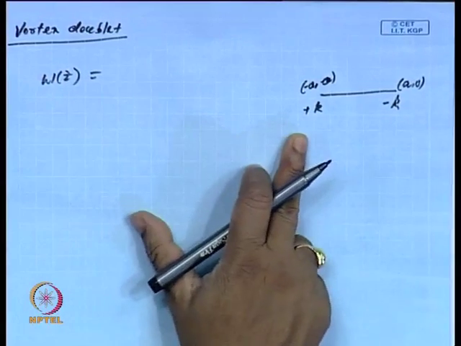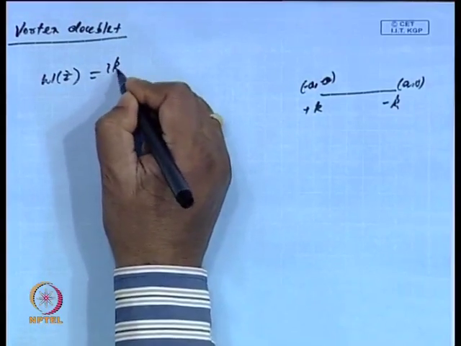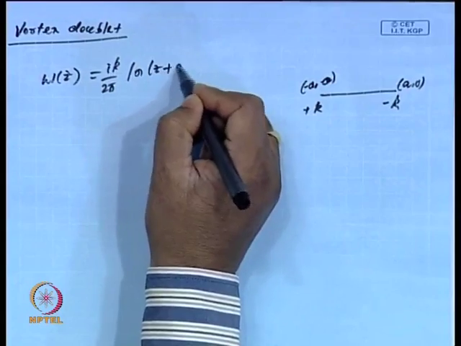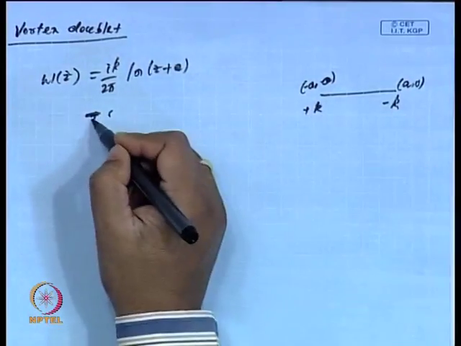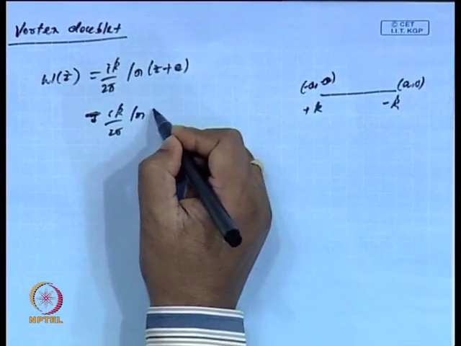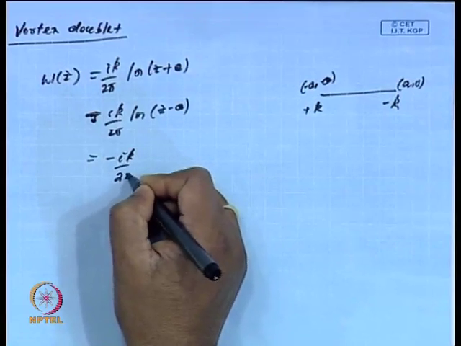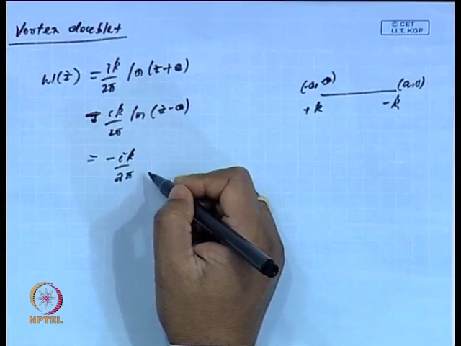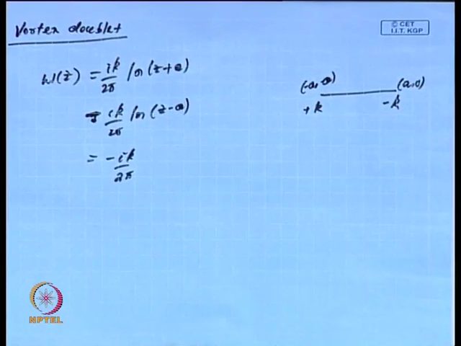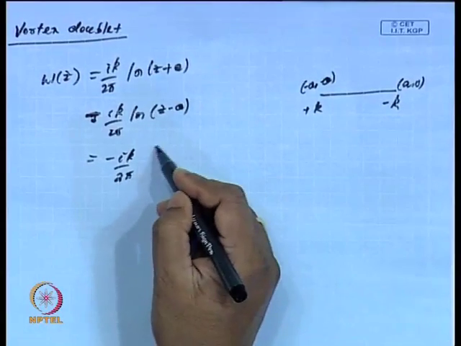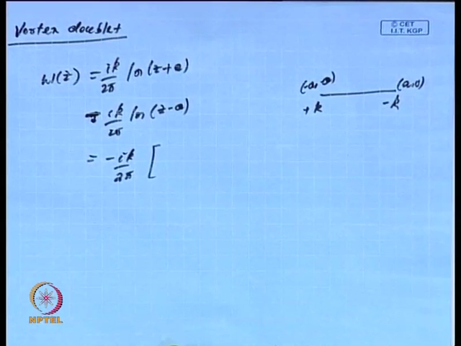This will be i k by 2 pi log z plus a, and minus, because it is of opposite strength, i k by 2 pi log z minus a.